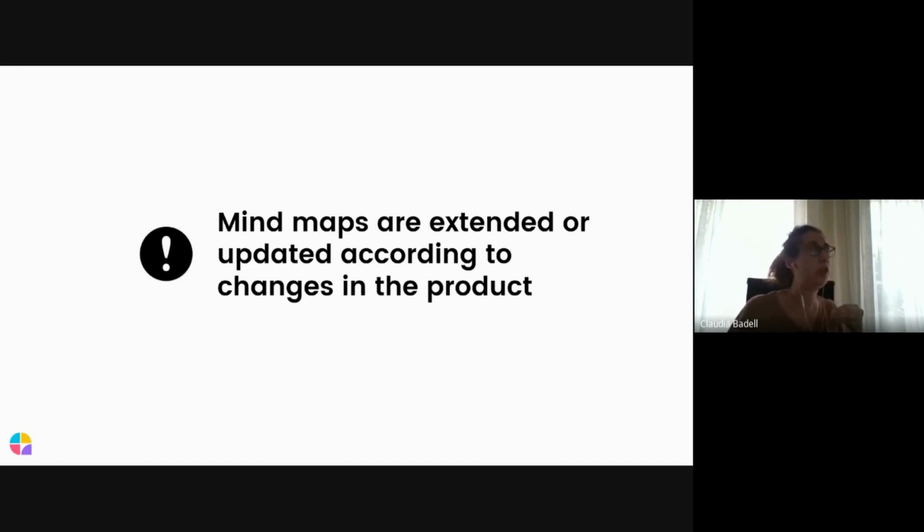Or for example, we use them also when a team member tests a feature and identifies new test ideas or variables not included in the feature mind map. That means that those mind maps are alive artifacts, because we reuse that knowledge through the different test cycles, and also to reflect the changes or the extensions that we develop in the feature. So we also extend the mind map to cover those changes.